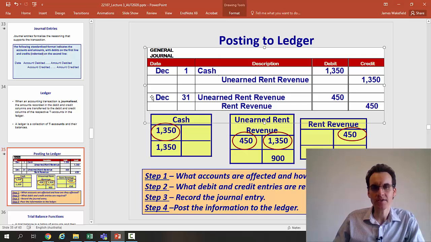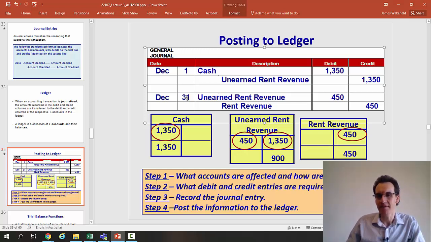Second transaction, 31st of December, they actually deliver on the unearned revenue. Now we notice it's rent revenue here, not service revenue like in the case of Qantas. But anyway, the transaction would be much the same. It would just have service revenue instead of rent revenue. So they earn unearned revenue here on 31 December of $450.